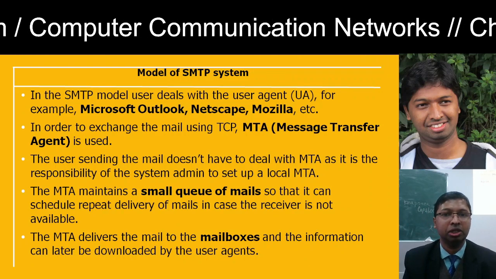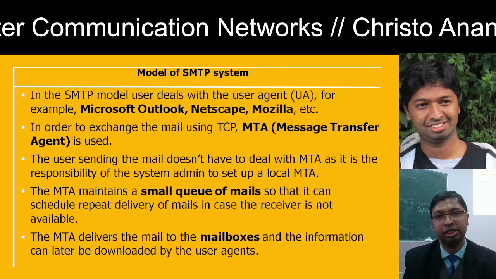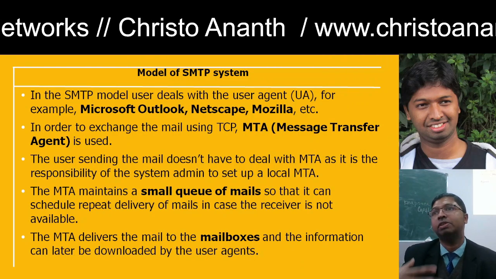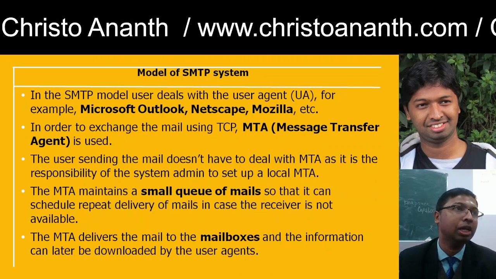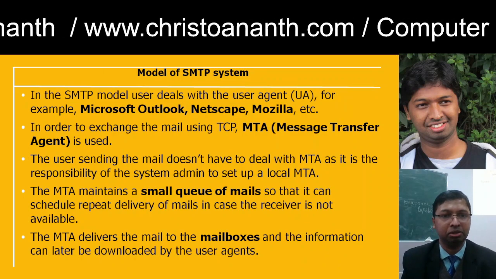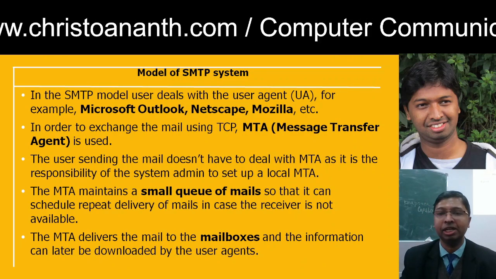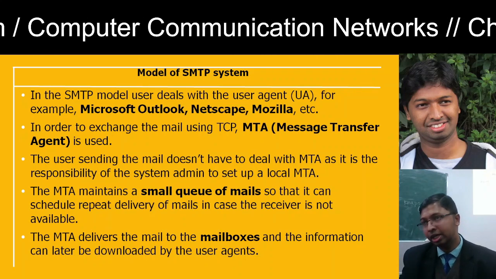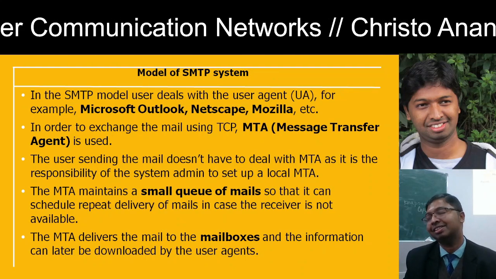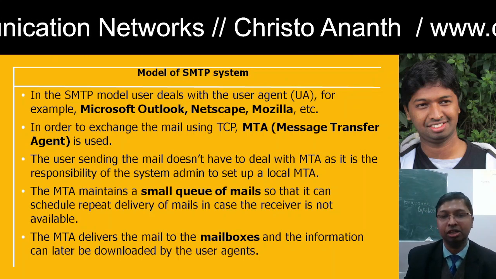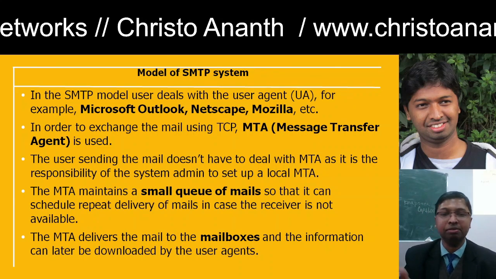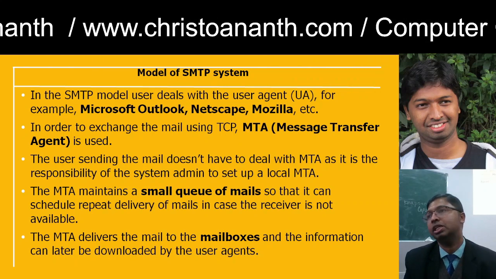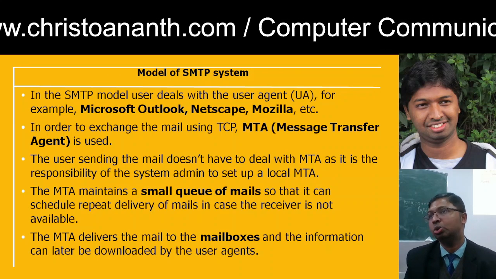The user sending the mail doesn't have to deal with the MTA, because it's the responsibility of the system admin to set up a local message transfer agent. The MTA maintains a small queue of emails so that it can schedule repeat delivery in case the receiver is not available. The MTA delivers the mail to the special email boxes, and the information can later be downloaded by the UA, the user agent.